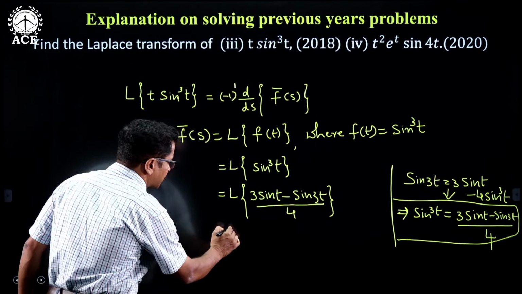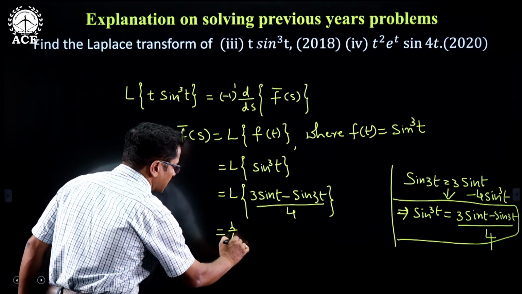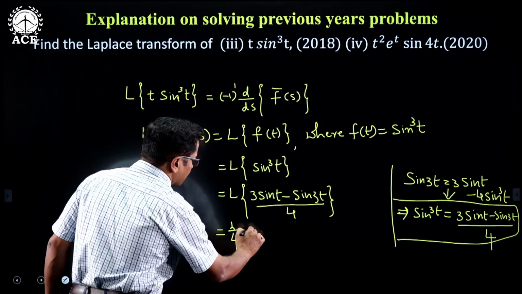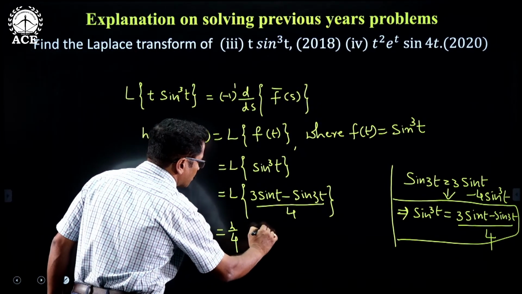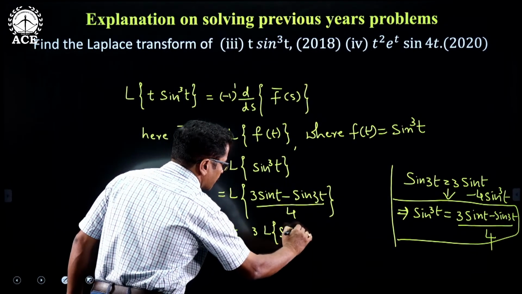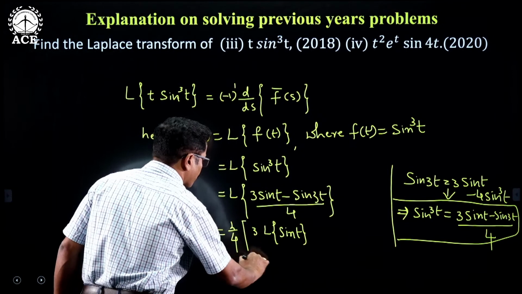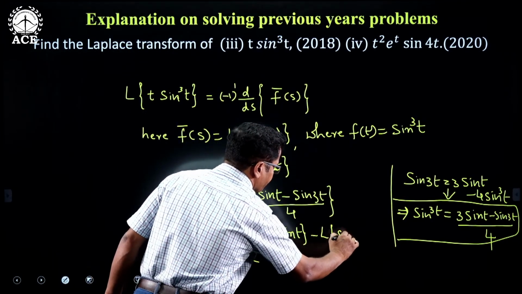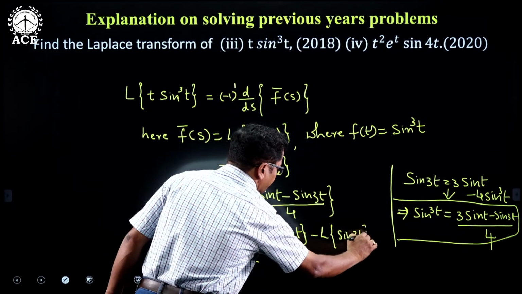Now you can evaluate the Laplace transform by the linearity property, that is 3 into L of sin t minus L of sin 3t.